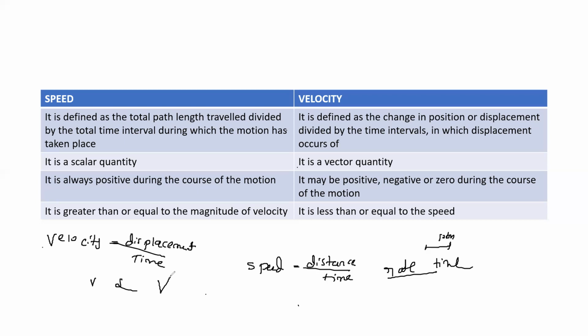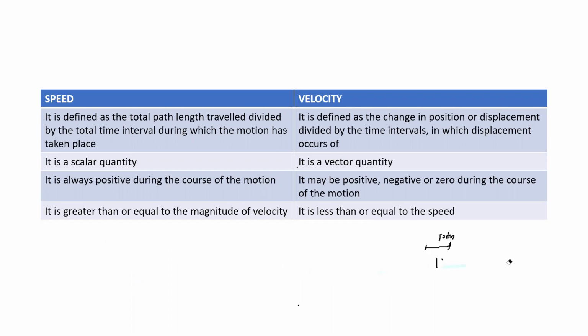It is like your distance and displacement. There also we discussed that distance is greater. Similarly, speed is greater than the magnitude of velocity. Is it clear? If the difference between speed and velocity is clear, then we can go for the next concept.